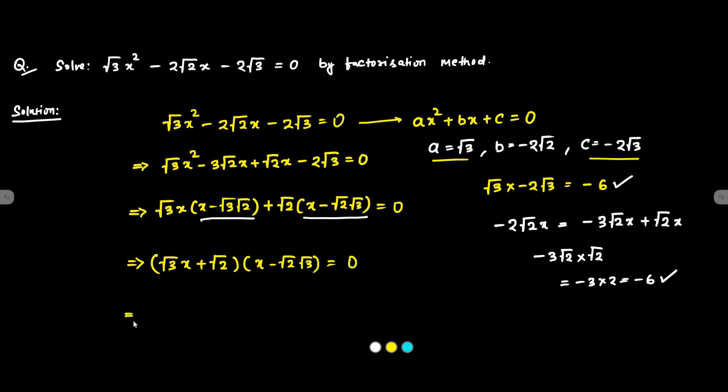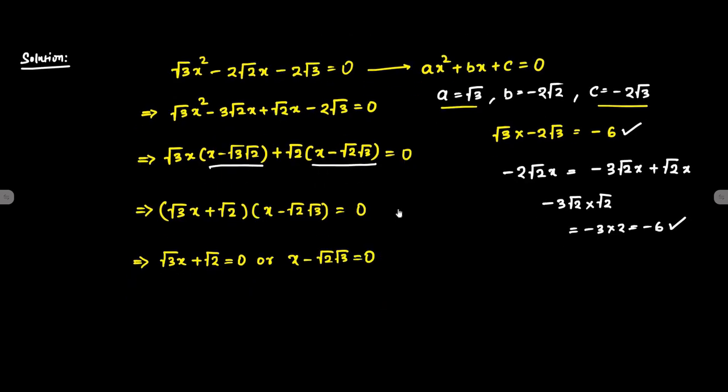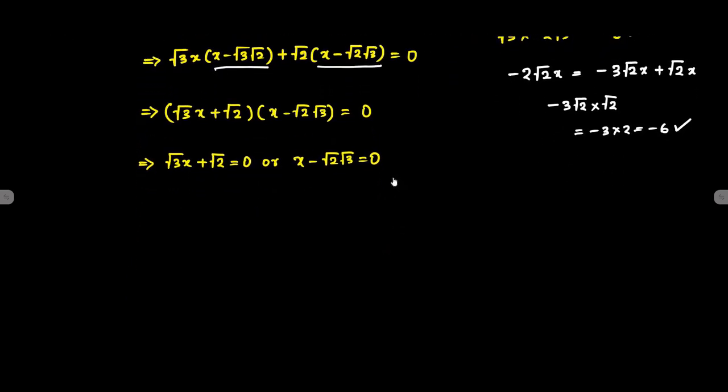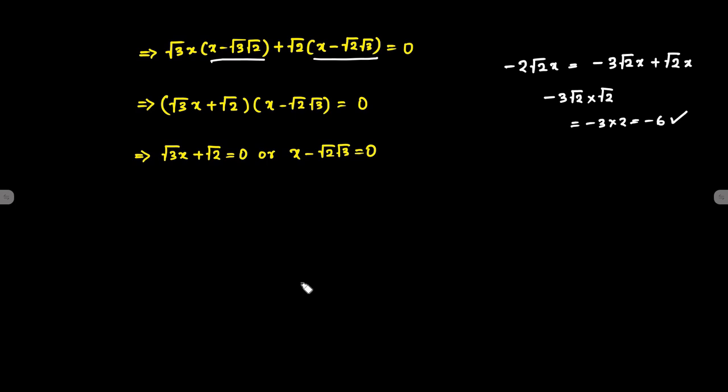That implies √3x + √2 = 0, or x − √2√3 = 0.